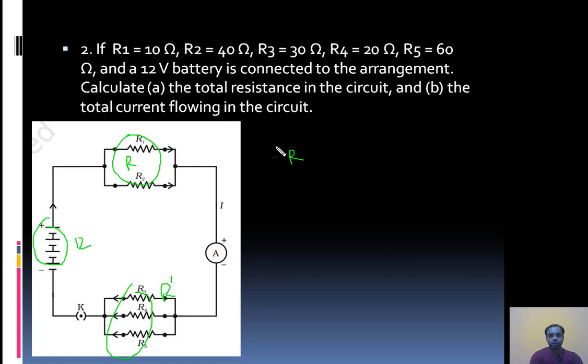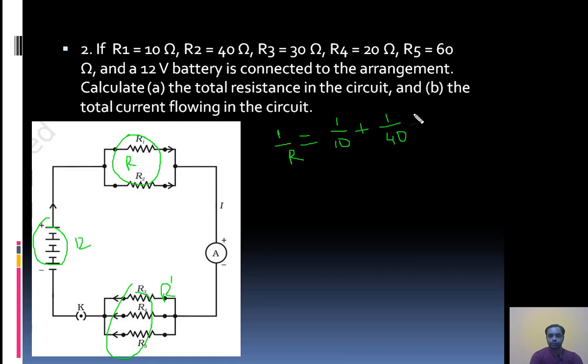So here 1 by R equals 1 by R1. What is the value of R1? 10. 1 divided by 10 plus 1 divided by R2. What is R2 here? 40.